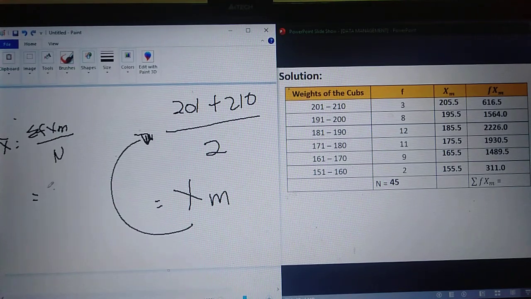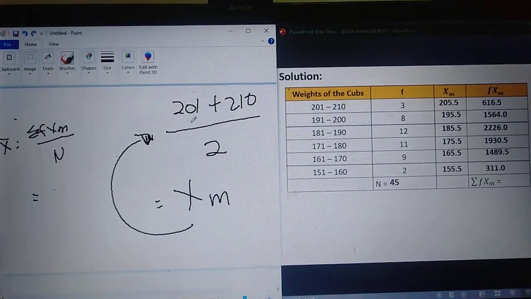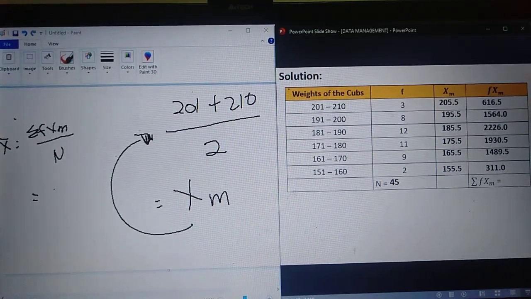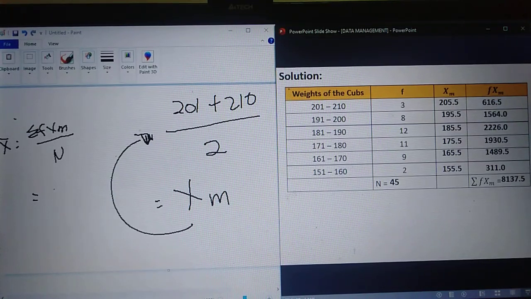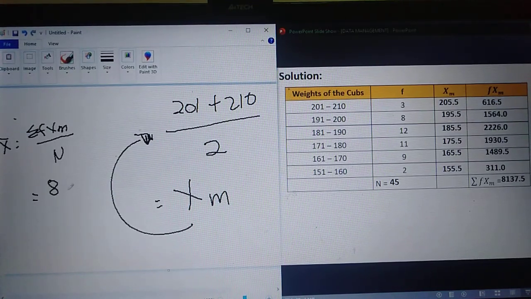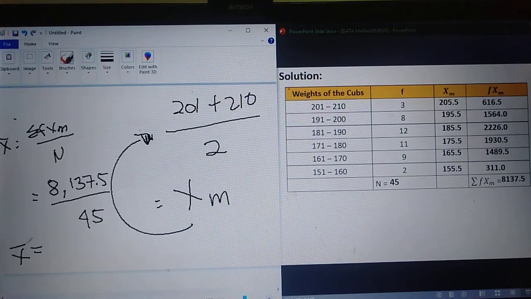So, the sum, i-add mo lang lahat sila yan, 616.5, 1564, mga blah blah blah. Okay, you can get 8,137.5. 8,137.5 divided by 45. And then the answer will be the mean for group data.